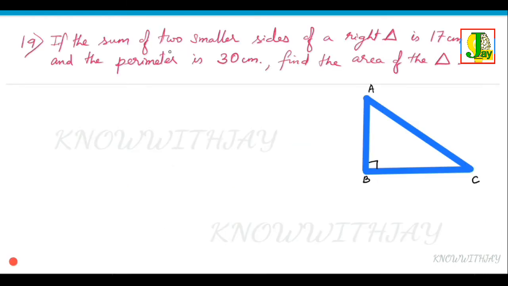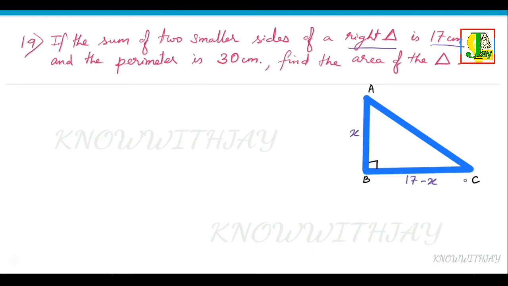In this question, we have the sum of the two smallest sides of a right angle triangle as 17 centimeter. That means excluding the hypotenuse. So if one side is x, the other one has to be 17 minus x, because the sum of these two is 17 centimeter, and the perimeter is given as 30.